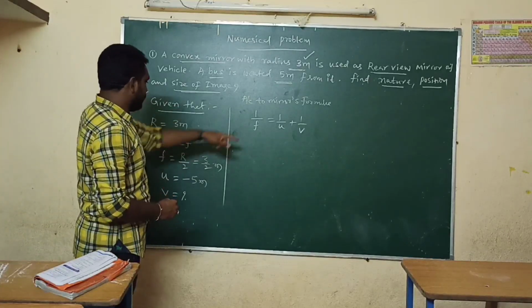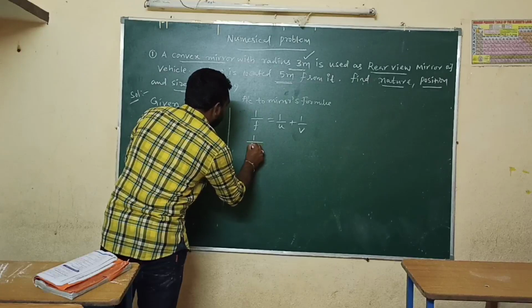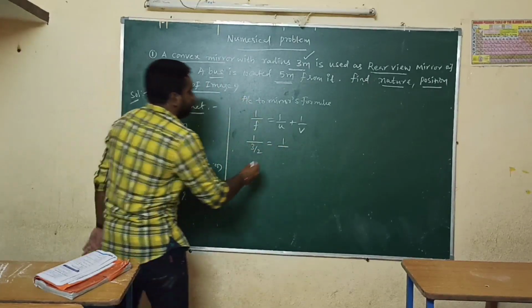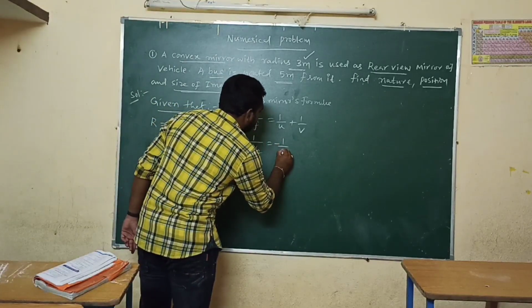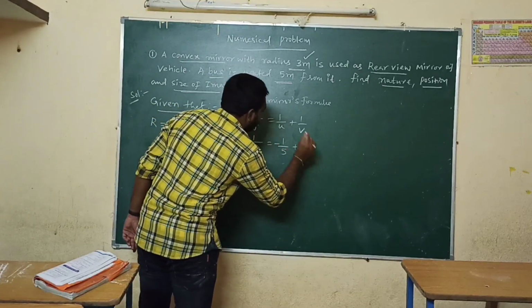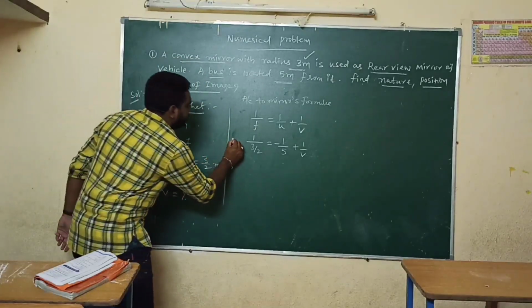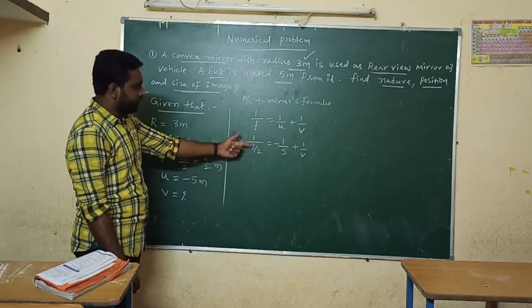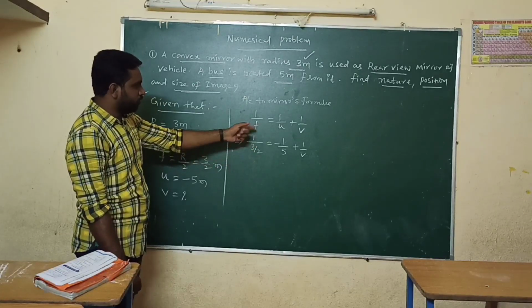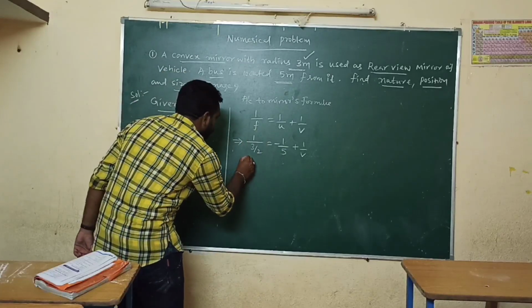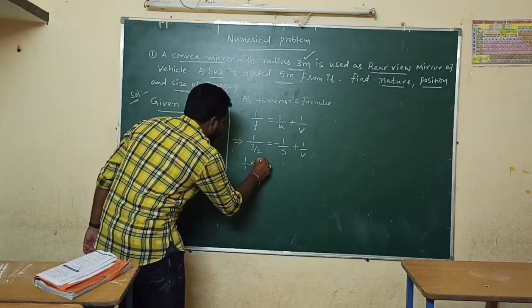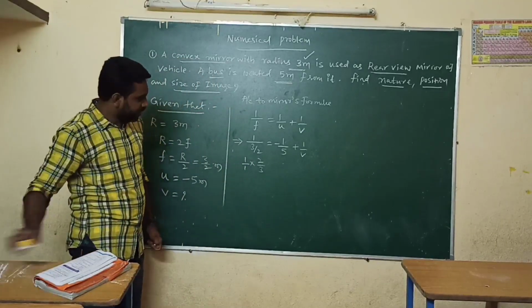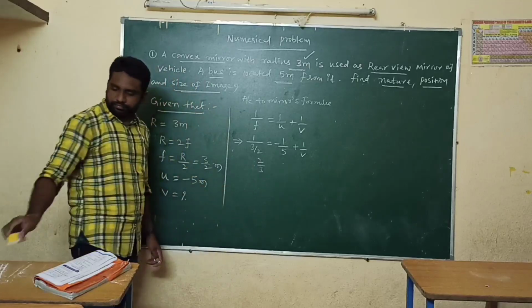Here f value is 3 by 2, so 1 by f is 1 by 3 by 2, that is equal to 1 by minus 5 plus 1 by v. 1 by 3 by 2 means the 2 will go upside, so we can write 2 by 3.